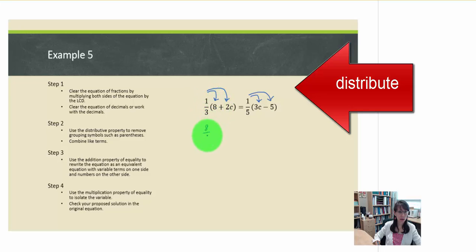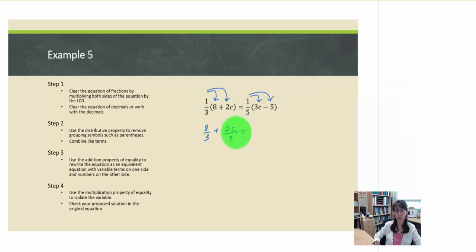So that's 8/3. 1/3 times 2c would be positive 2c over 3. So you can see how both of those terms actually have a denominator of 3. Now distributing 1/5, we would have 3c over 5, and 1/5 times negative 5 would be minus 5/5.